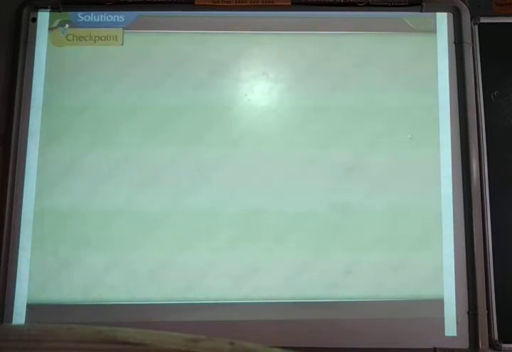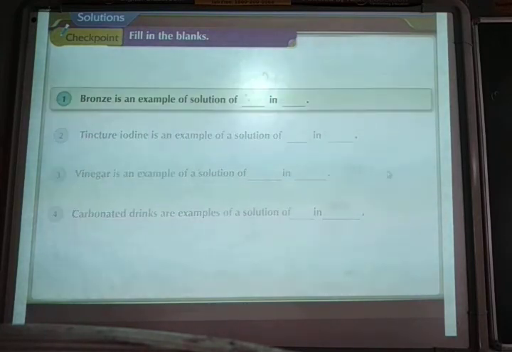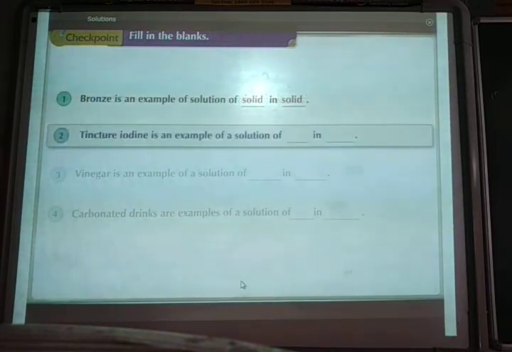Let's do a quick check. Bronze is an example of a solution of solid in solid. Which metals is bronze made from? Copper and tin. Solid in solid, yes. Tincture of iodine is an example of a solution of solid in liquid.